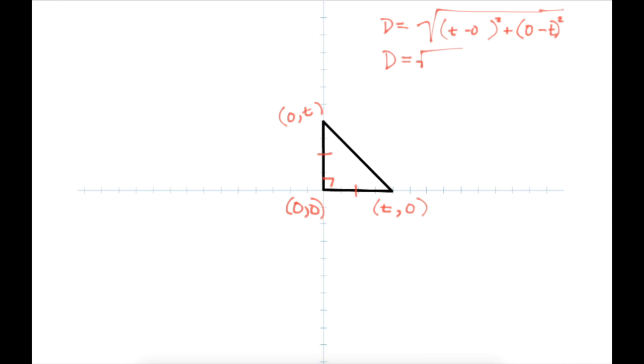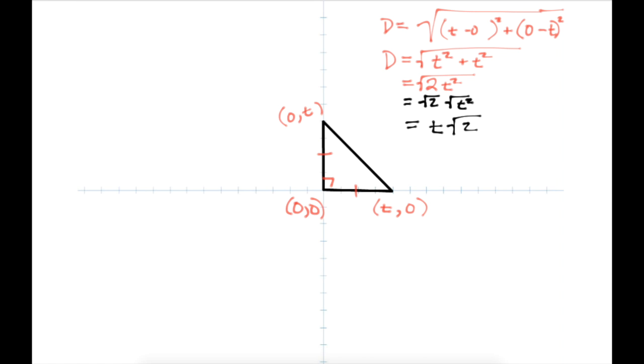When we square it, we get t squared. 0 minus t is negative t, but when we square that, we get t squared. So total, that gives us radical 2 t squared. And if we remember our rules for simplifying radicals, I can split that into radical 2 times radical t squared, and the square root of t squared is t. So the length of the hypotenuse is t radical 2.